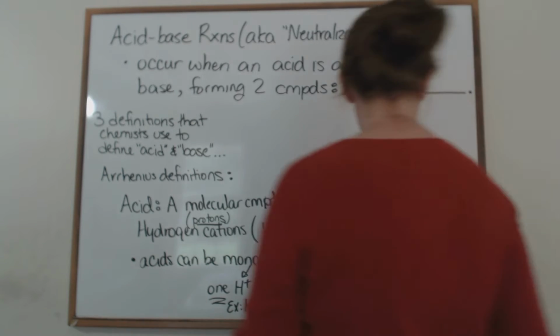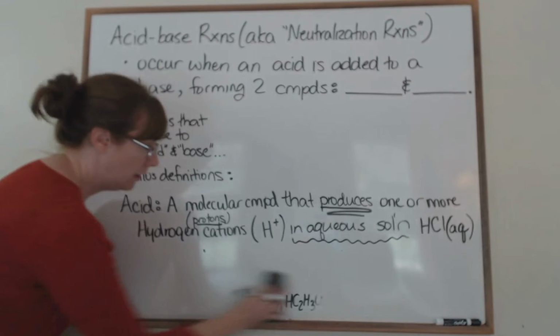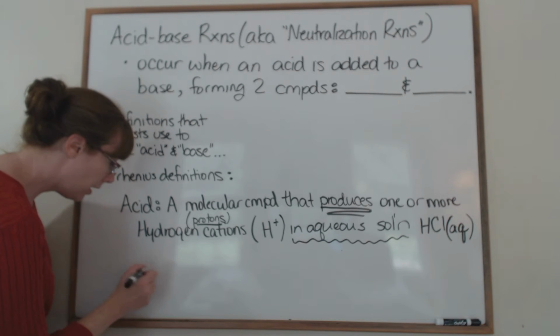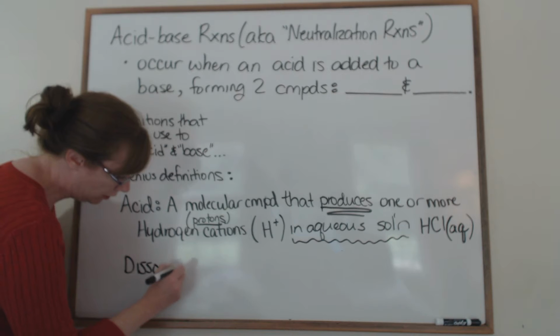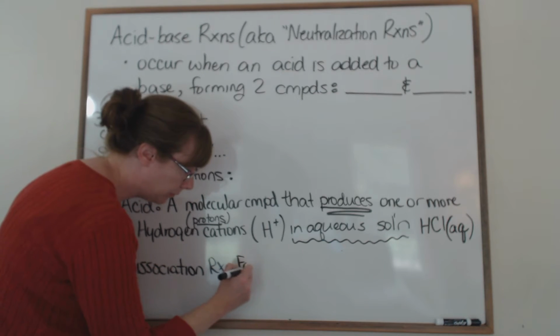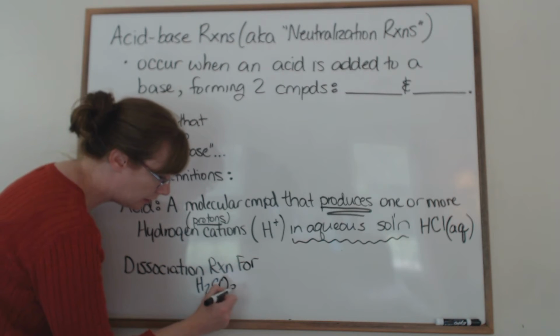Okay, let's go ahead and write the dissociation for one of those polyprotics, just so we can really think about it. Can we write the dissociation reaction for, let's go carbonic acid.